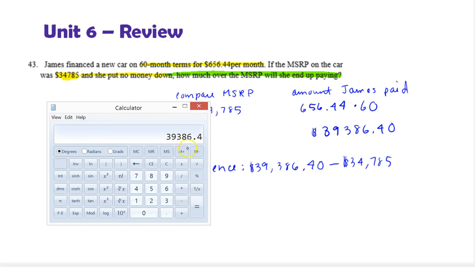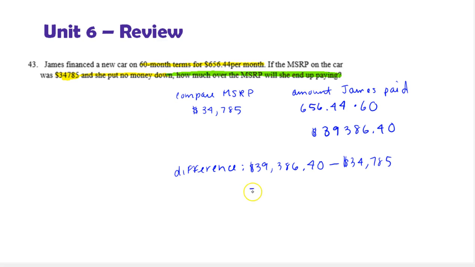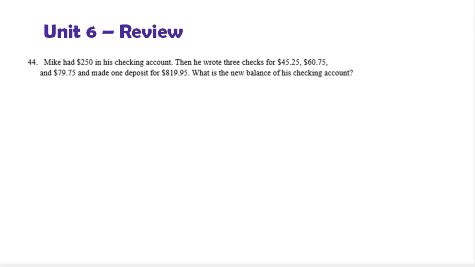So here's the amount he paid minus $34,785, equals $4,601.40. So James ended up paying $4,601.40 more than the MSRP. And that's what happens when you finance. You have to pay a lot of money to the people who lent you money. Let's look at the next one.